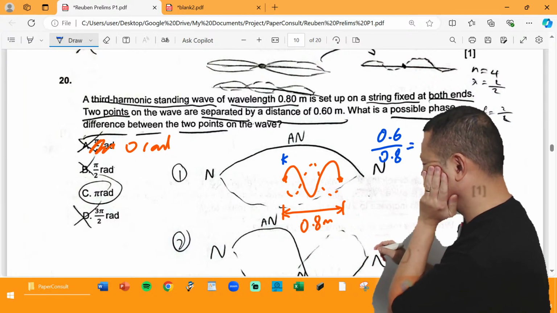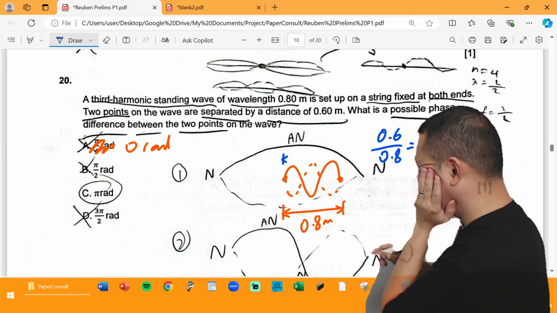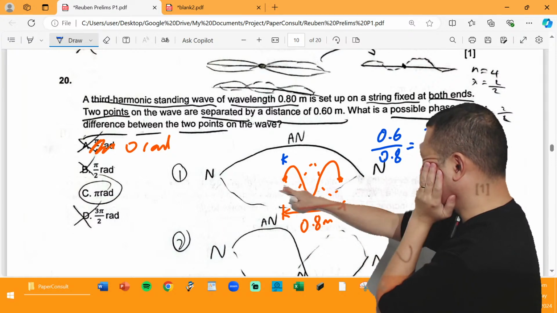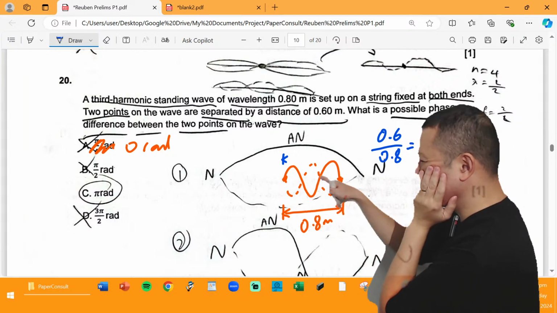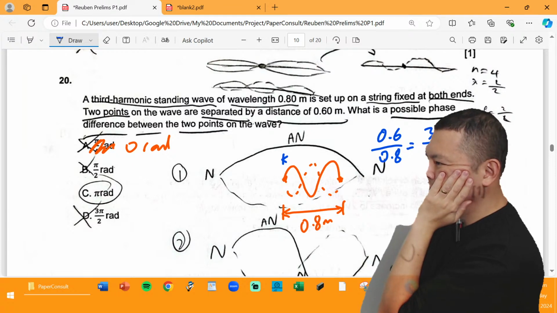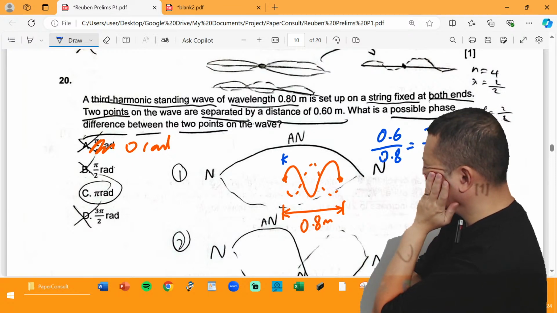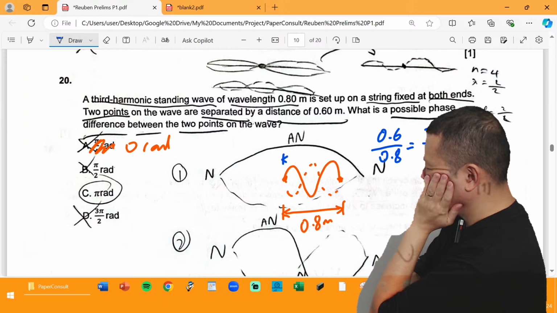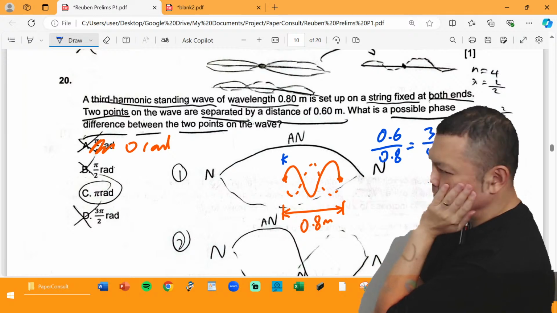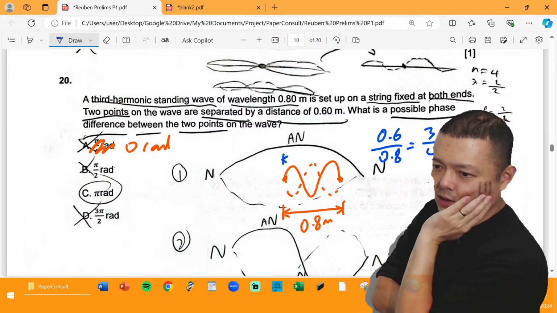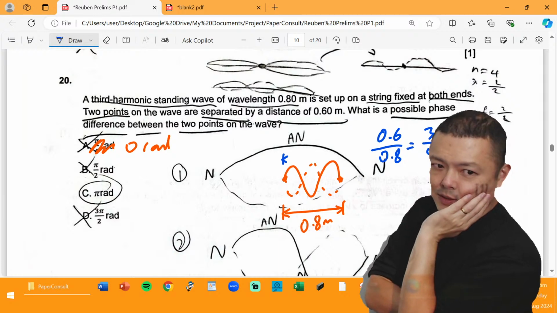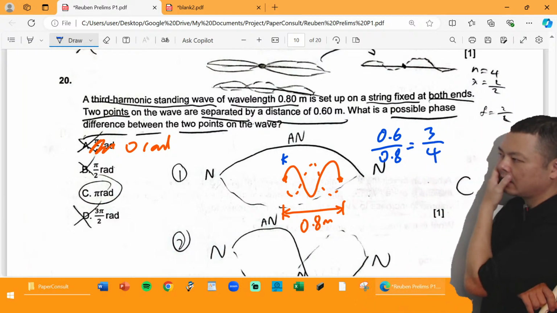3/4. This is 2/3, right? Which one's bigger, 3/4 or 2/3? 2/3 is 67%, 3/4 is 75%. Is this 3/4?